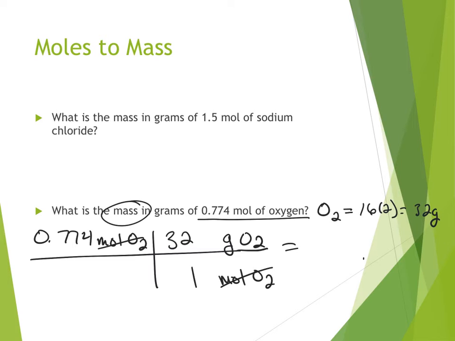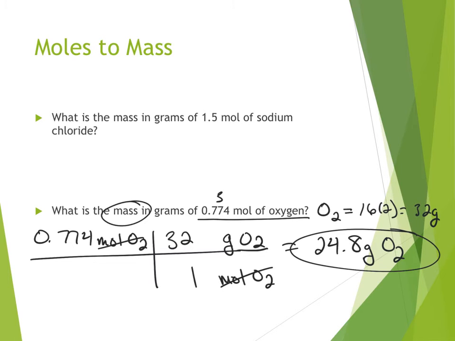In this case, those two numbers are next to each other, so we're going to multiply them. And we're going to round, because this was 3 sig figs, so we're going to round to 3 sig figs, and we're going to get 24.8 grams O2.